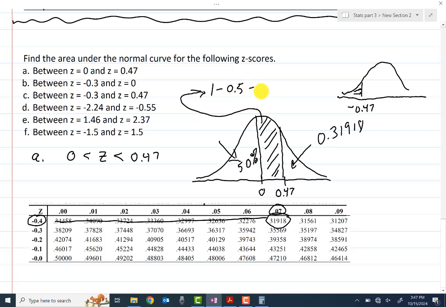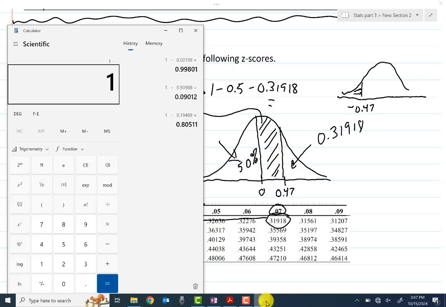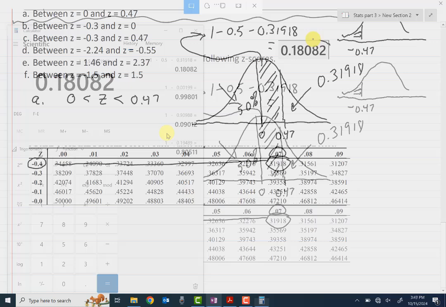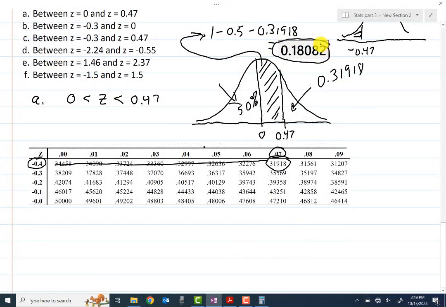And then I will subtract off the 0.31918, which is this little piece in here. What's left over will be this shaded region. So the area left over is a little over 18%.